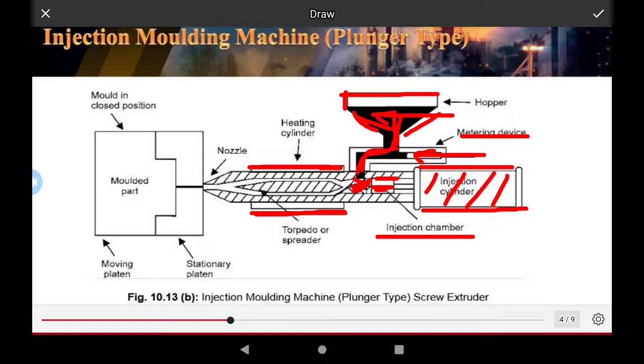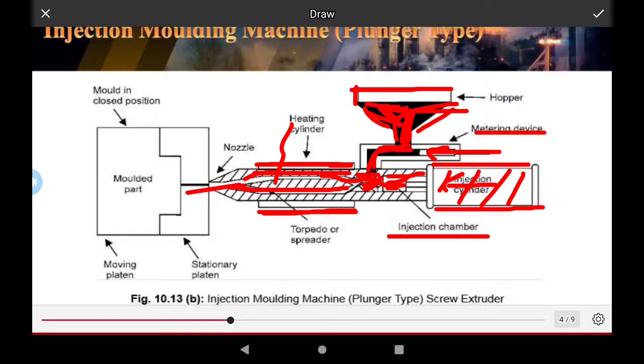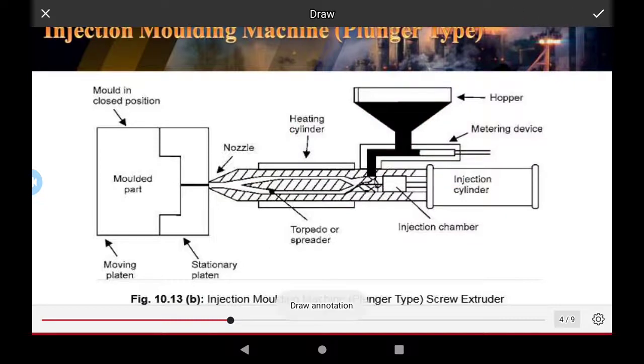The organic polymers, the plastic powders, are placed in this cylinder, then pressure is applied by the cylinder head and the liquid polymer passes through the nozzle.